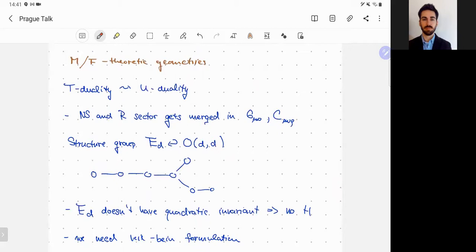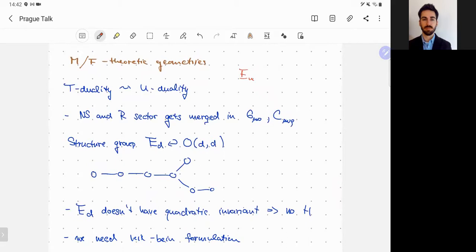I'm going to switch now to M theory. As I said, ODD was for generalized geometry, and now we have this EN group, and that's what underlies M theory.